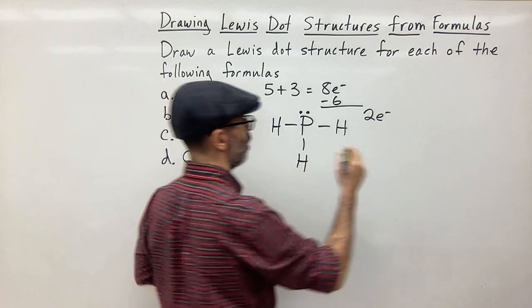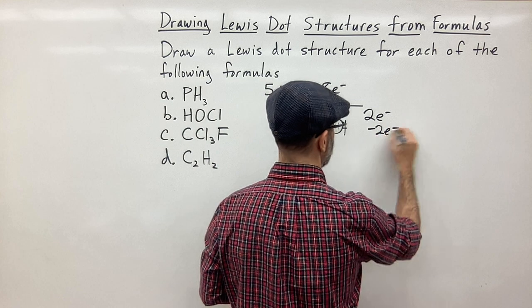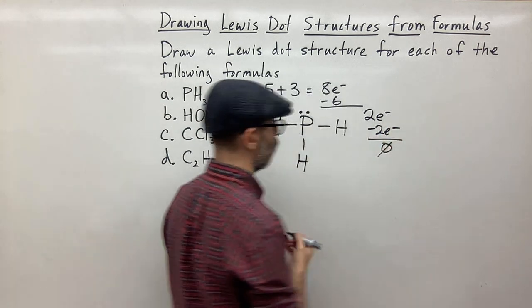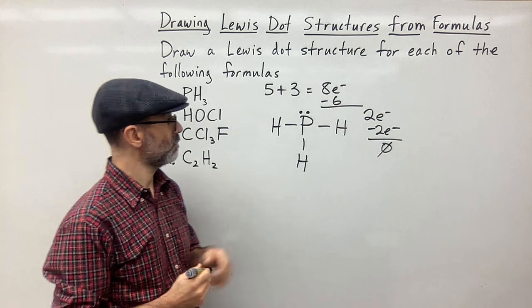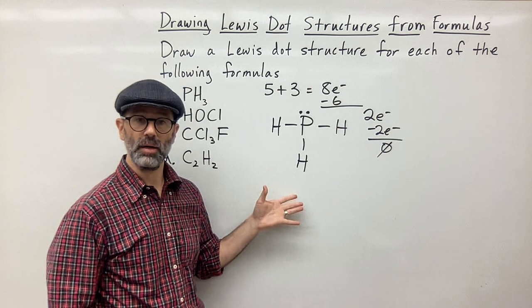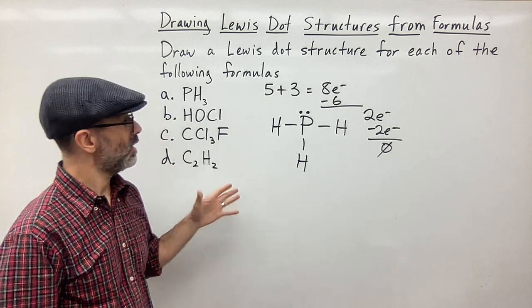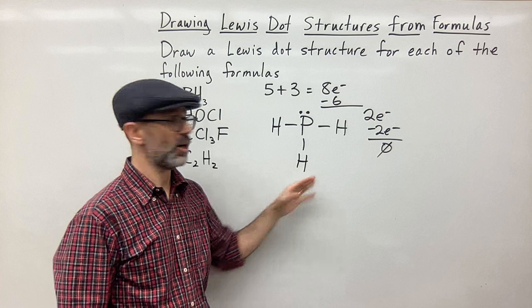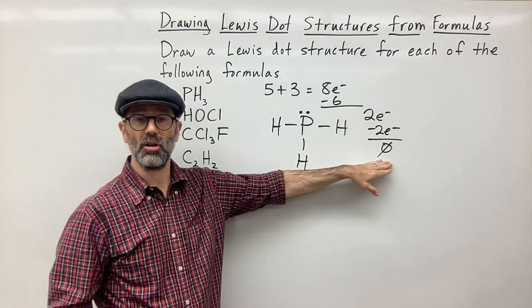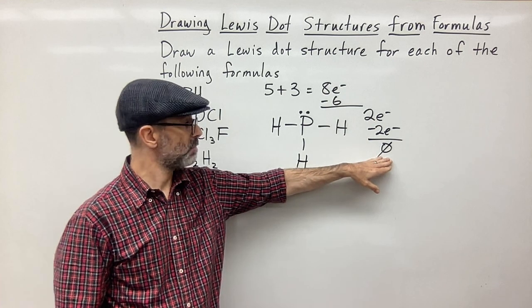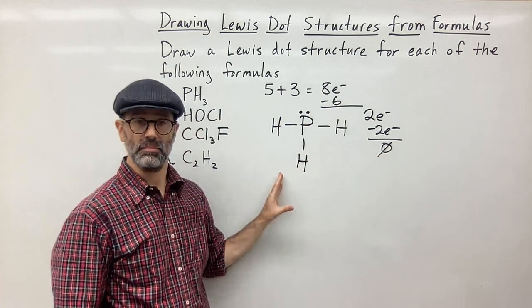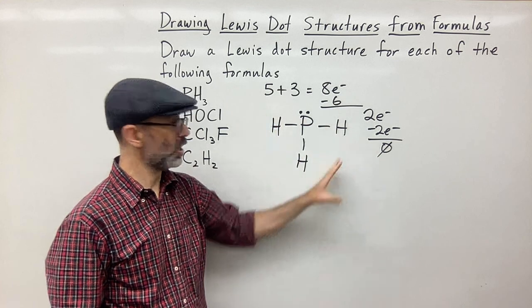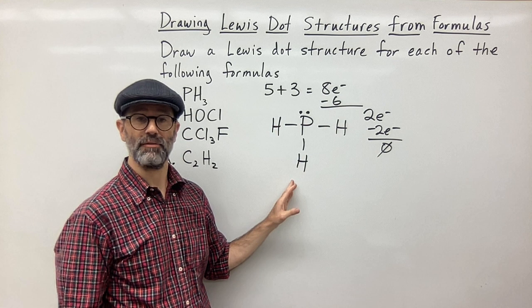I've used up all of my electrons, so I have no more left. So that's step 4. And then once I've used up all of my electrons, I double check the structure that I have so far to see if everything is happy.